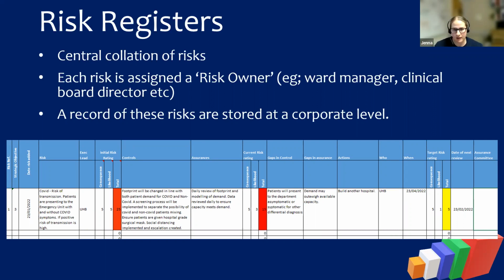However, we know that patients can present with COVID that are asymptomatic. So I've just put an asymptomatic COVID patient with someone that doesn't have COVID at all, and they can still pass that COVID on. So there is still a risk. That is a gap in control because I can't control that. I can put things in place, but some of those elements are out of my control.